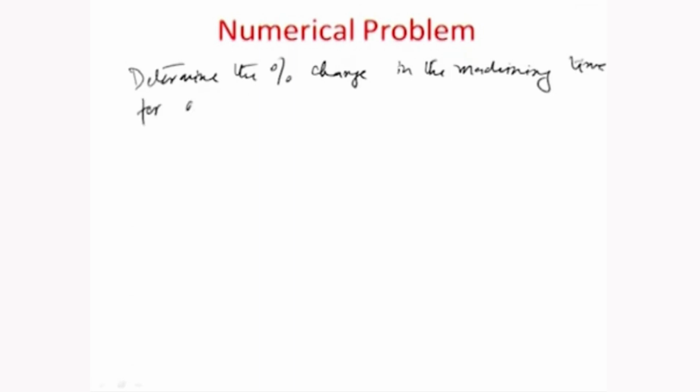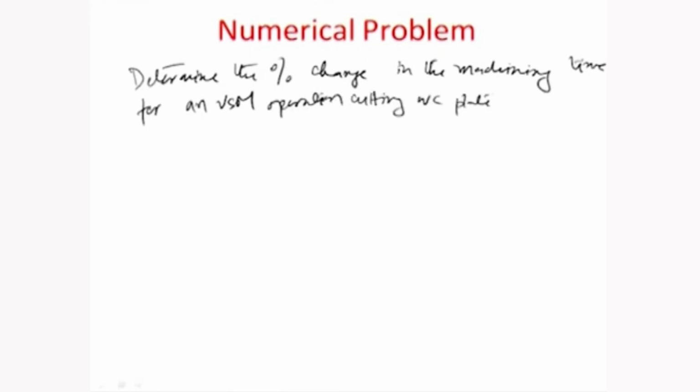Let us say we have this example where we want to determine the percentage change in the machining time for a USM operation cutting, let us say, a tungsten carbide plate.